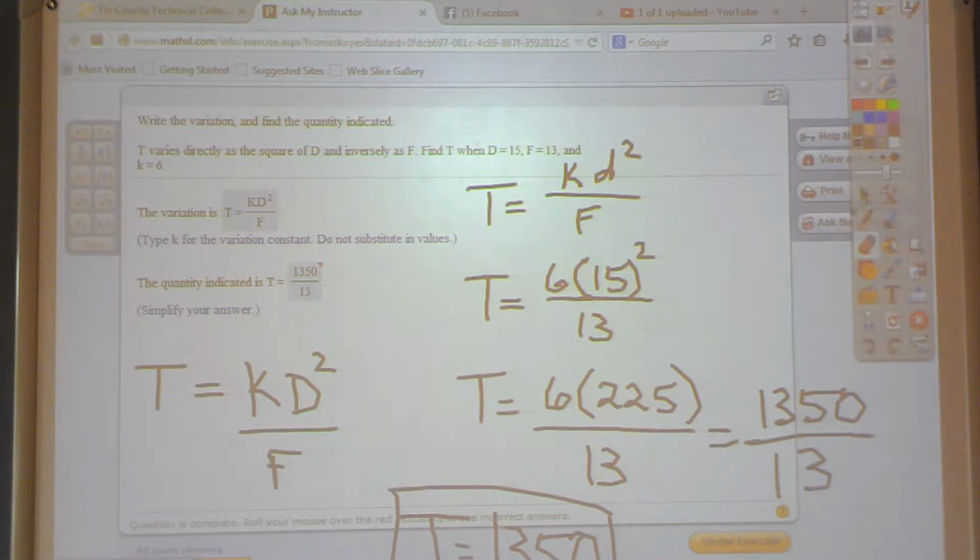Let me see what the answer is. It's 13. Yeah, that's the answer. I divided; well, that's fine. That's the same thing. I don't know why they want it as a fraction, but that's fine. I guess because it is a fraction, they don't want a decimal. That's your answer: 1350 over 13.